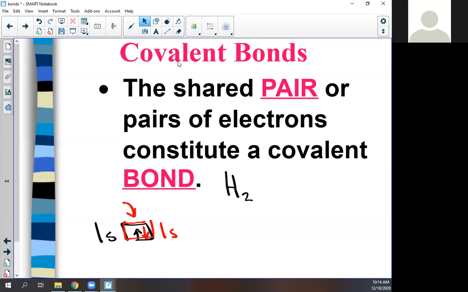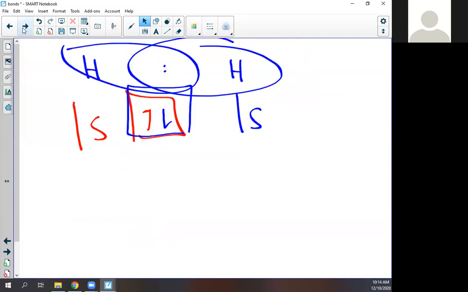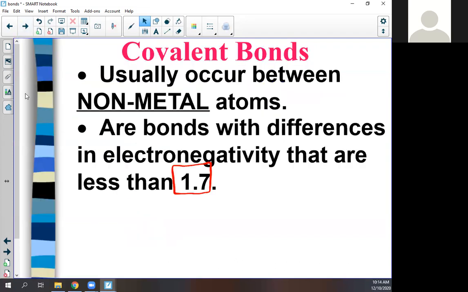When they share valence electrons, we call it a covalent bond. Now, this usually occurs between nonmetal atoms, and they are bonds with differences in electronegativity that are less than 1.7.